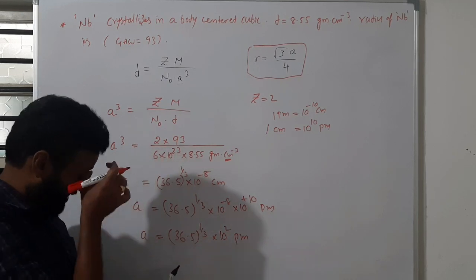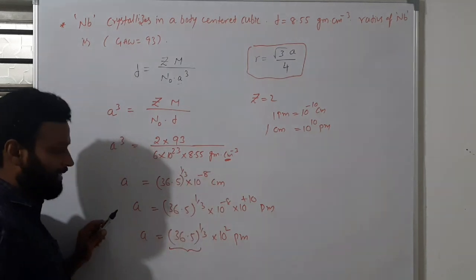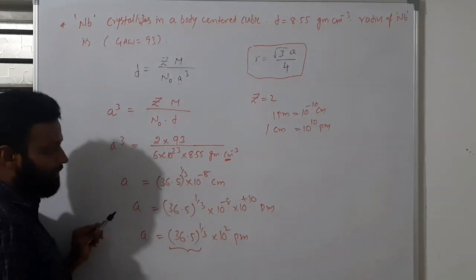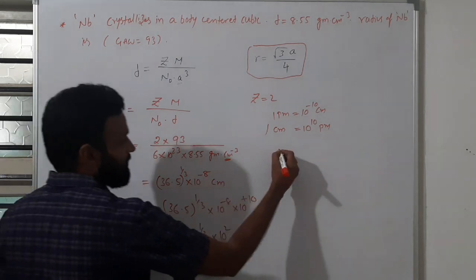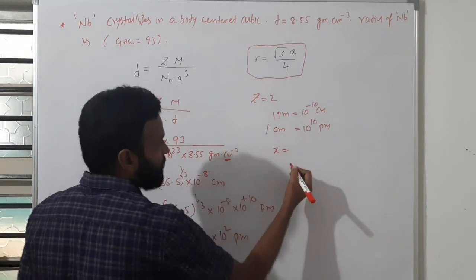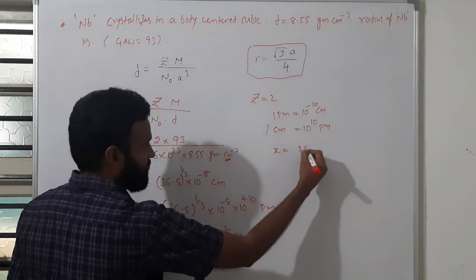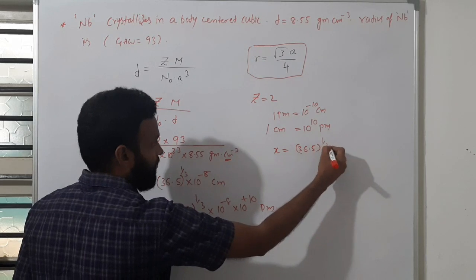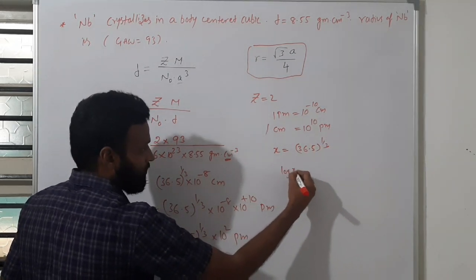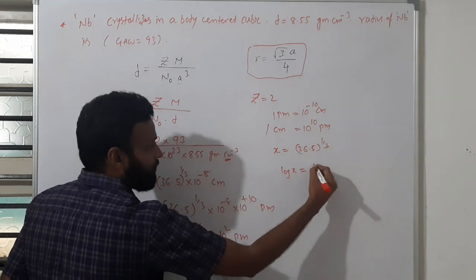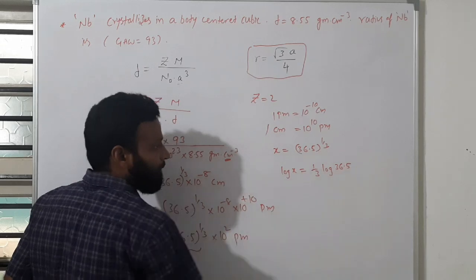So you will get the value as 36.5 into 10 power, into 1 by 3. So first of all, what is the value you must consider to have A? Understanding? So for this, just take some x. So x is equal to 36.5 whole power 1 by 3. Getting? So apply logarithm on both sides. So log x is equal to 1 by 3 log 36.5.